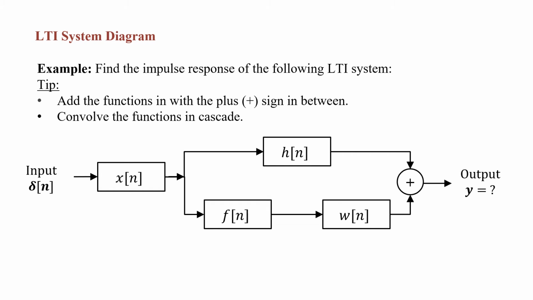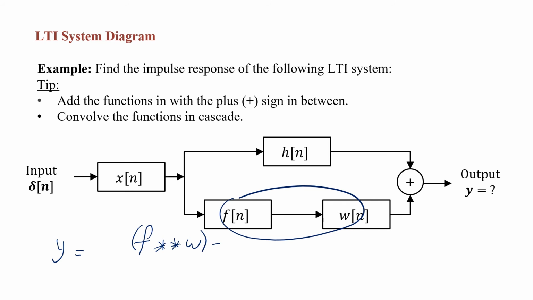We'll express y mathematically as y is equal to f convolved with w. You can use double asterisks or just one. And then we have to add h to this result, so we say plus h.